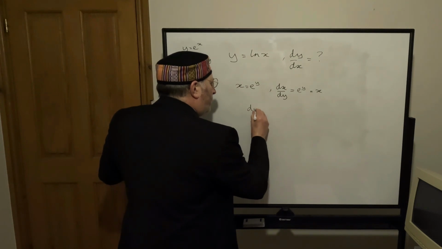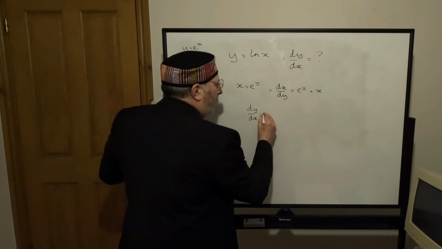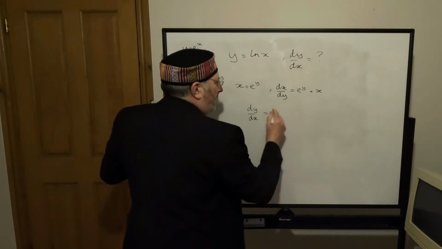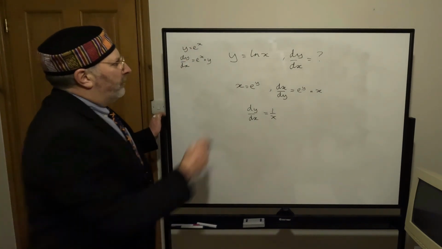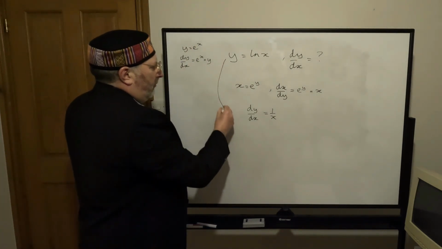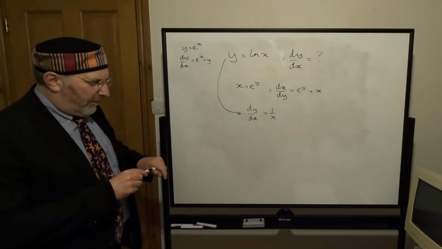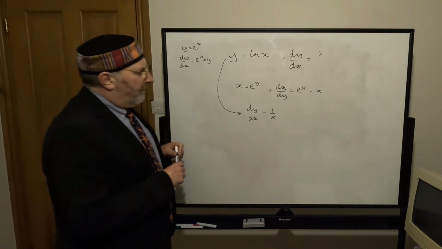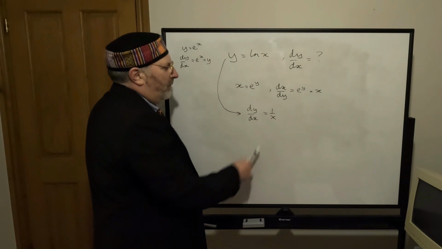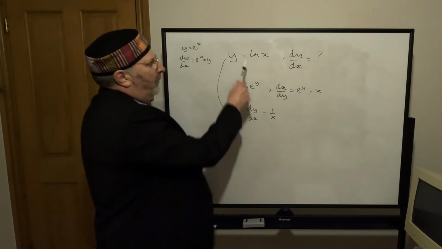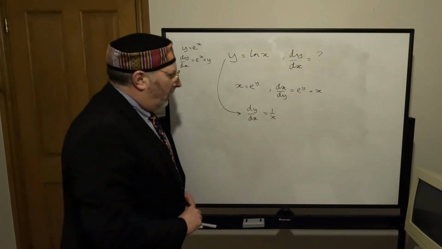So we can flip dx by dy to dy by dx and flip the other side, take the reciprocal in other words, becomes 1 over x. So when y is log x, the derivative is 1 over x. And conversely, if we see an equation dy by dx equals 1 over x, then we know that y equals log x.